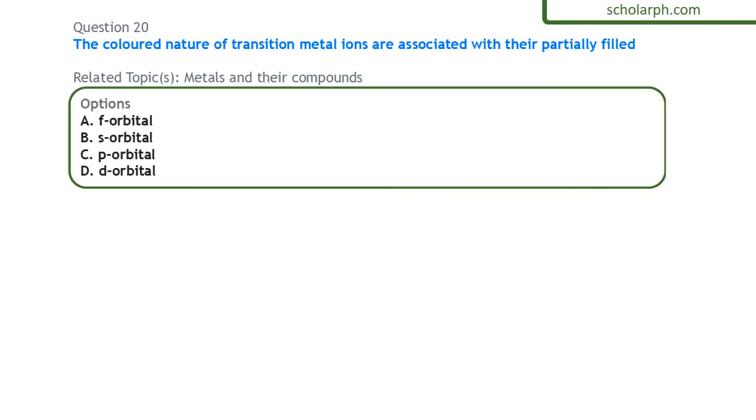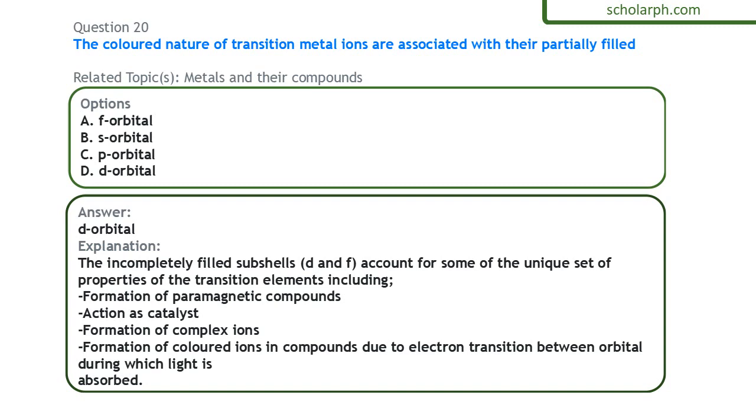The colored nature of transition metal ions are associated with their partially filled d orbital. Okay, now the incompletely filled subshell, the d and f orbitals, account for some other properties of the transition metals. Of course, one of it is this colored ion.